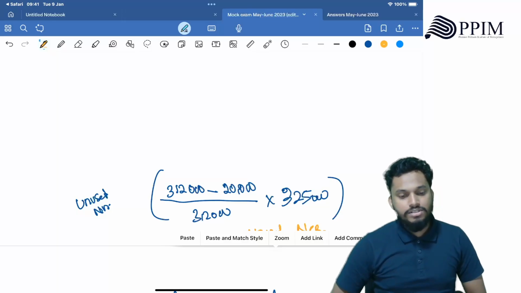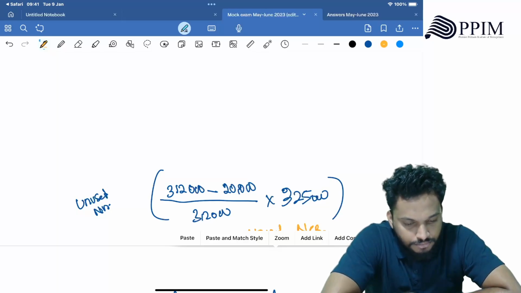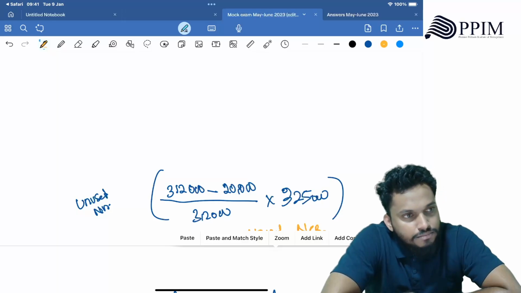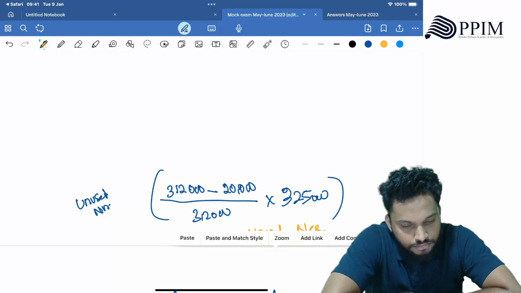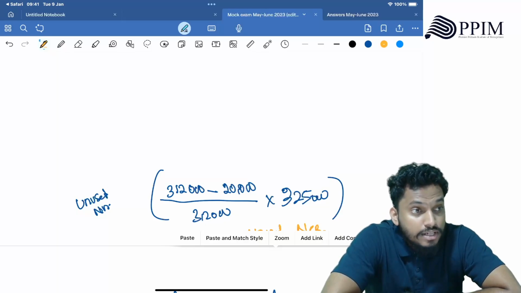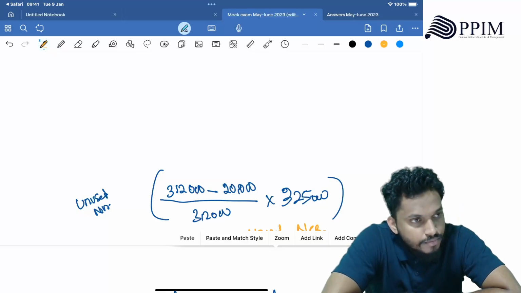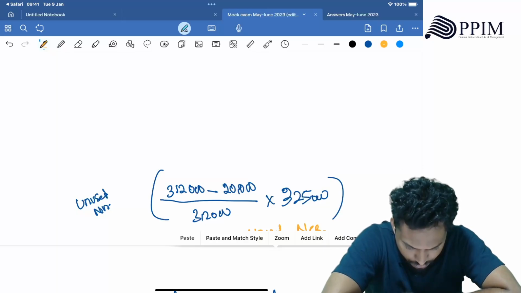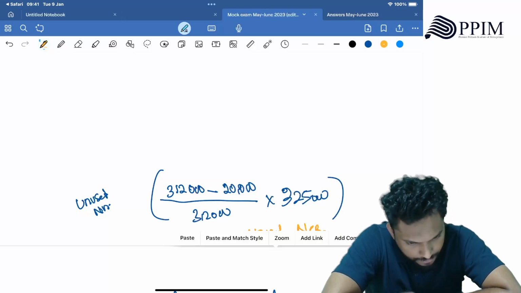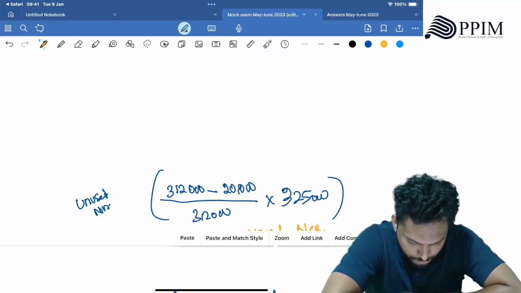So first you do 312,000 minus 20,000, which is 292,000, divided by 312. So 292,000 divided by 312,000 into 100 gives us the used percentage. That is correct. Go ahead. 94% is used. Then unused is 6%.